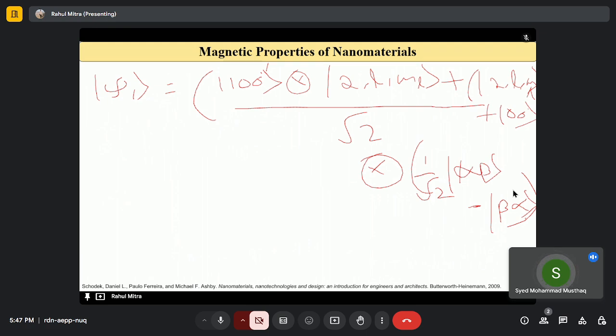So one electron which is in the 1s orbital can be in up direction, and the other electron, either in 2s or 2p, can be in down direction. Or the first electron, which is in either of the states 2s or 2p, is in up position, and the other electron which is in the 1s orbital is in down state. So that is my singlet.